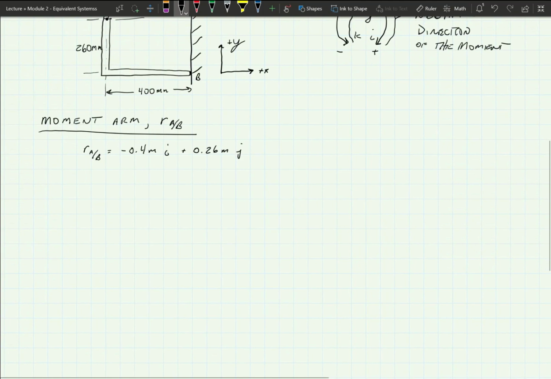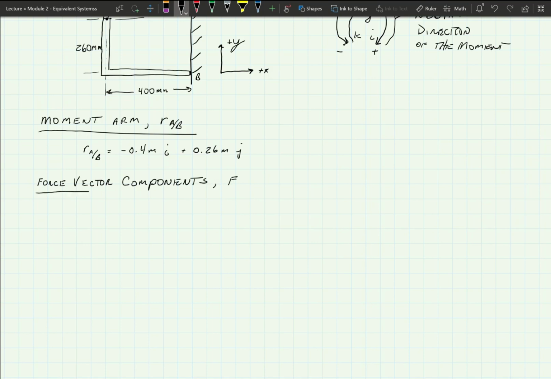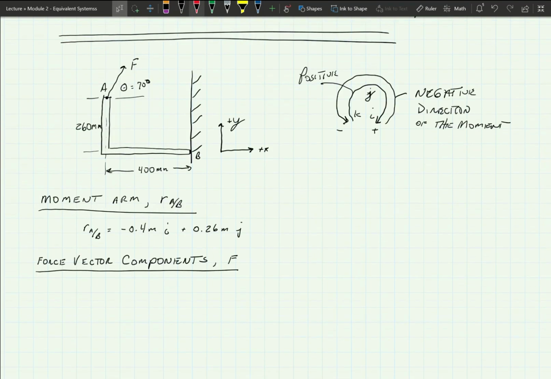Okay, fairly simple. Now we need the force vector components. Okay, and I'm going to label that as F. And I want to point out one other thing, so let me do this in red. I'm going to do a little different note here. So think about A right here.